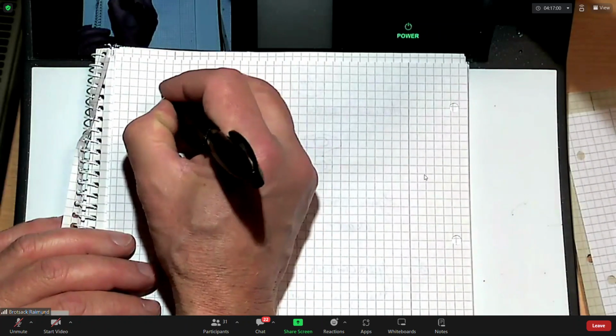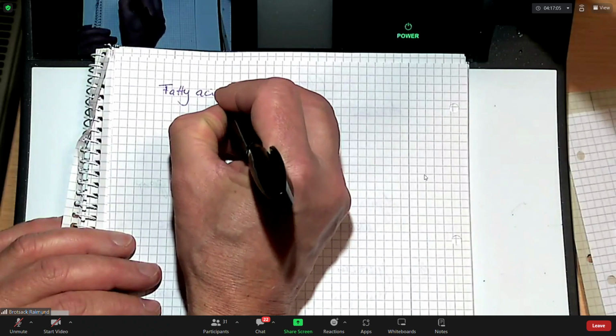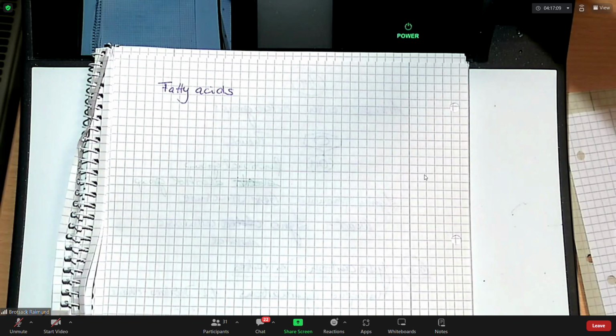Fatty acids are another point. Fatty acids are a special form of carboxylic acid. How do you call it? Not carbonic, carboxylic acid. Sorry, in English, carboxylic acids.